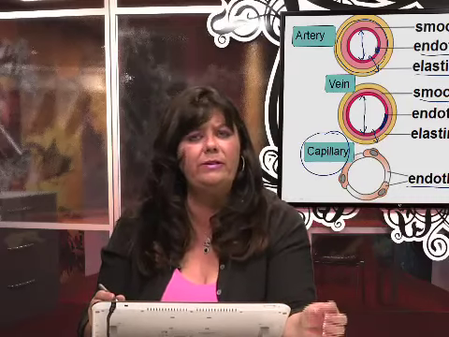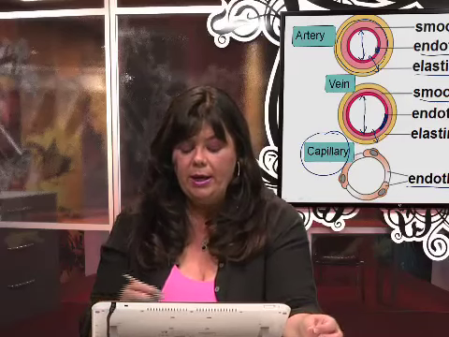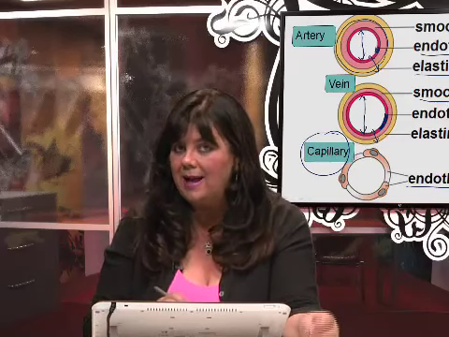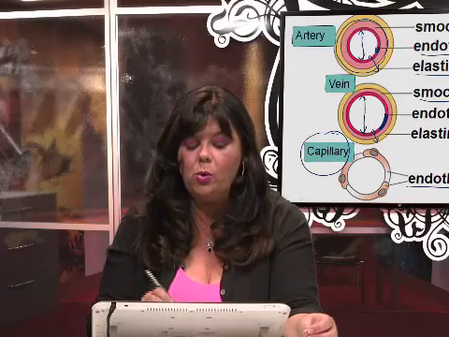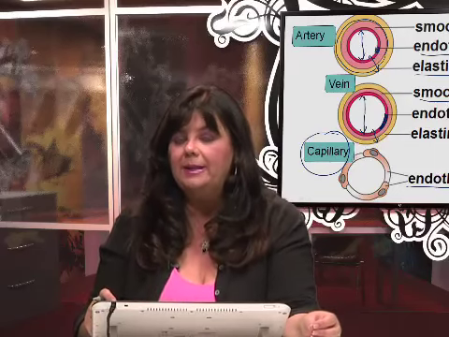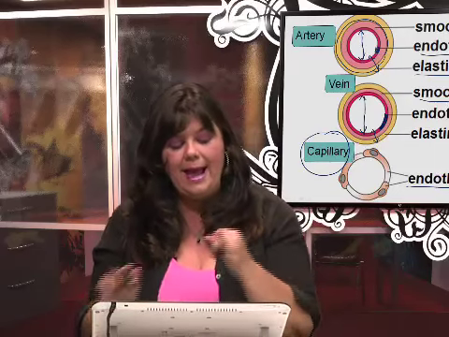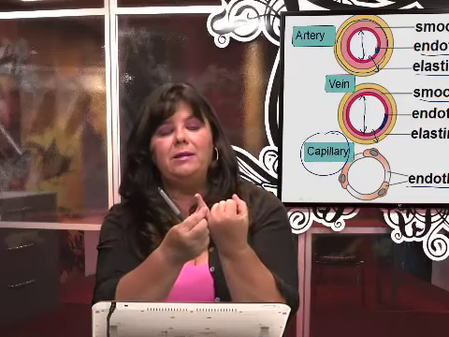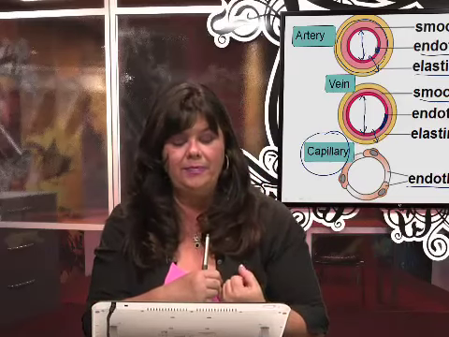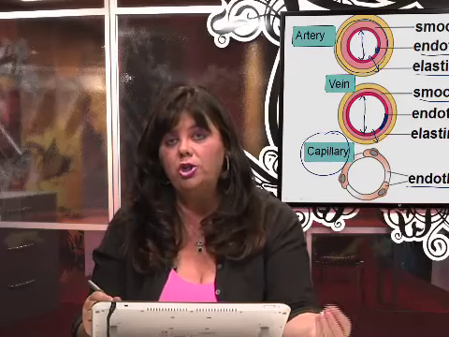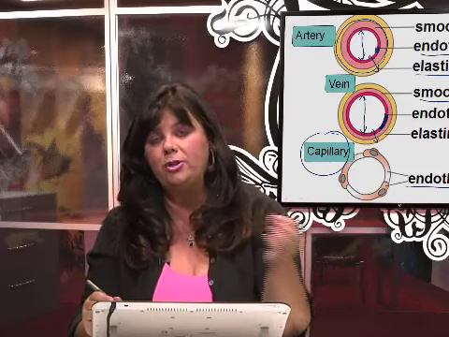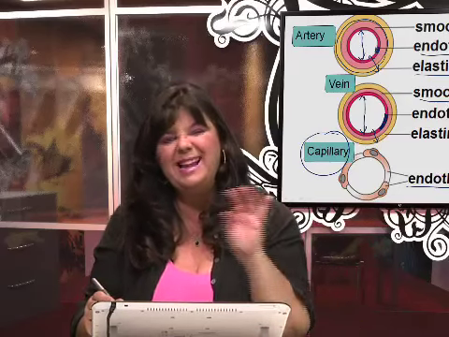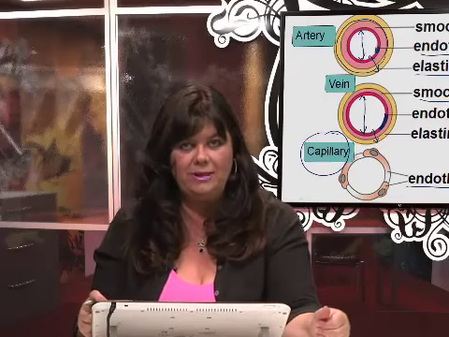Capillaries are very, very small. If we were to talk about the size, we would say that your thickest artery is your aorta, and it's probably about the thickness of your little finger. Some of your larger veins that go back to your heart are slightly narrower than your little finger.